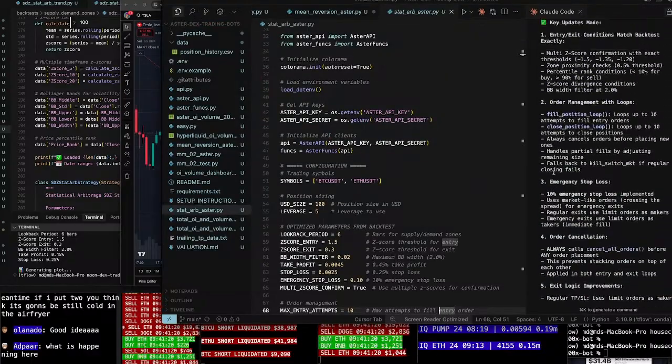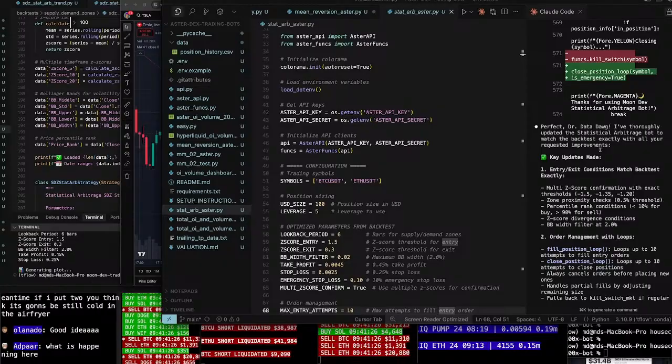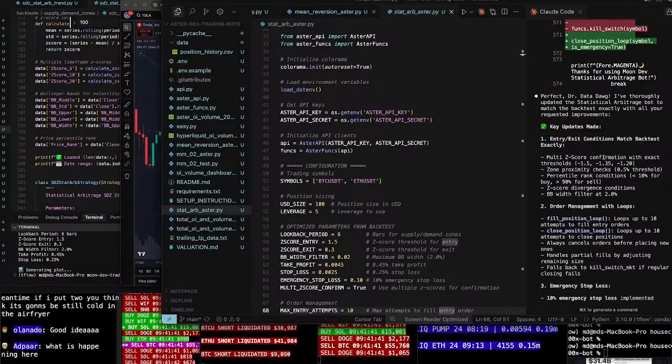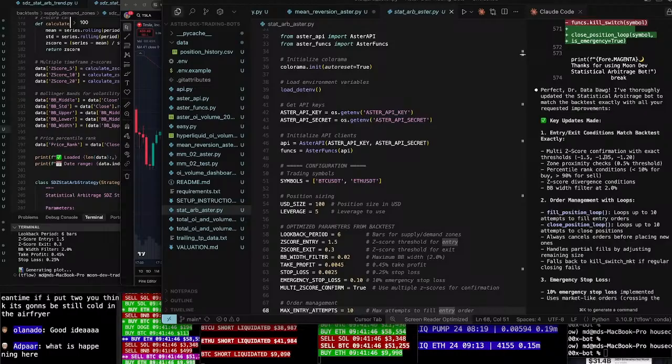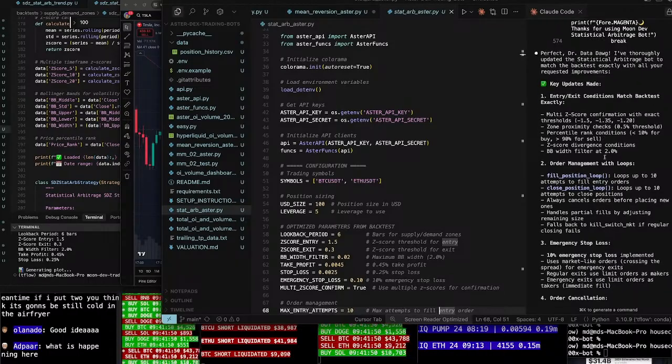Okay, so let's read what she has to say here. Perfect, Dr. Data Dog. I've thoroughly updated the statistical arbitrage bot to match your backtest exactly with all your requested improvements. Nice, dude.